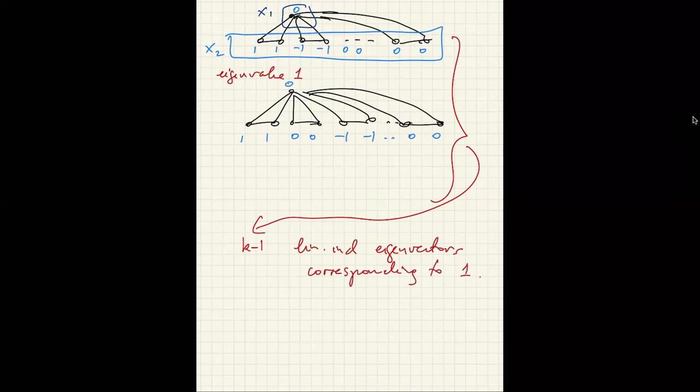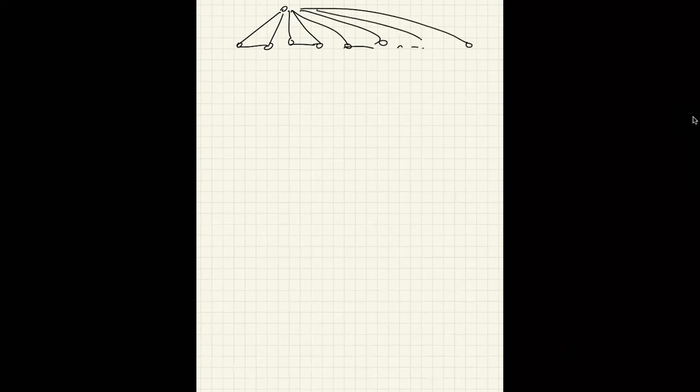So we got k minus 1. Let me find the other ones and then we'll be done. We have 2, and we have k minus 1 ones. Where are the others? Just before, you put a 0 on the top.